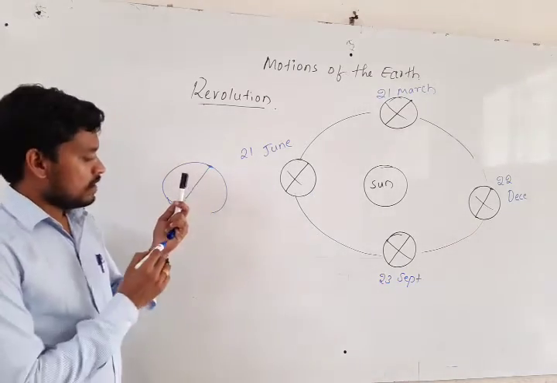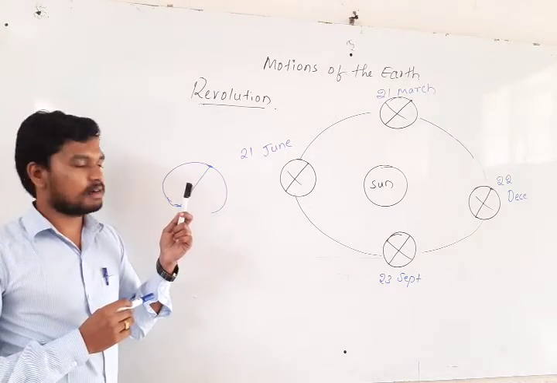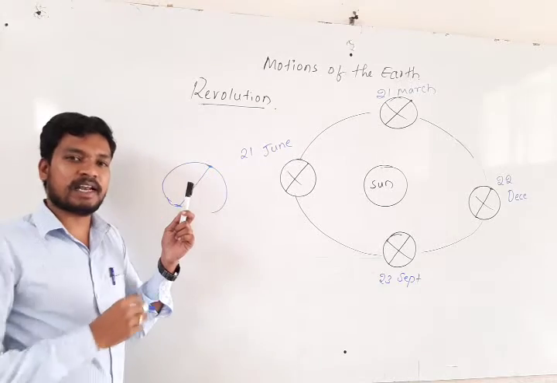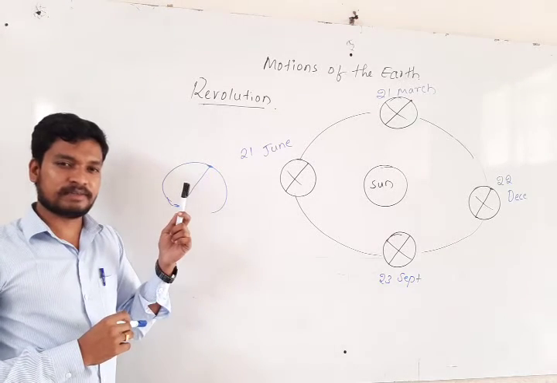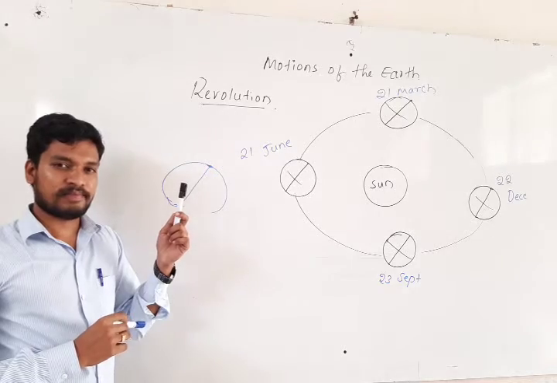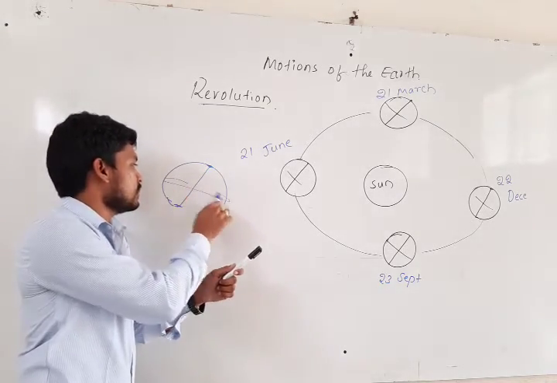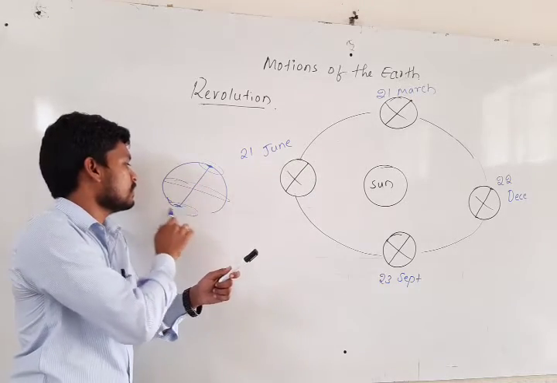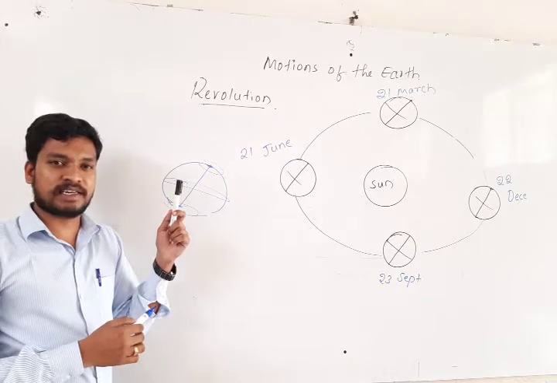Now, which portion is receiving direct sunlight? The equator or the poles? Which place will receive the direct sunlight?